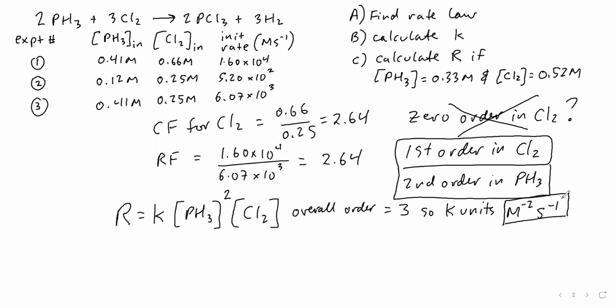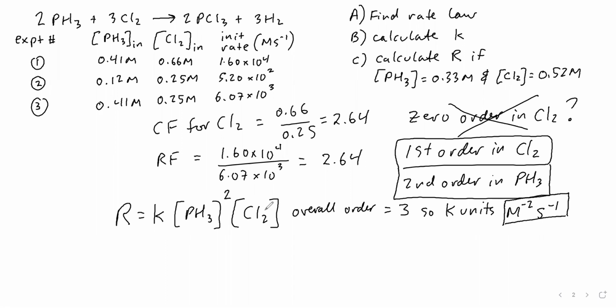So to find the value for K, we can choose any one of our 3 rows. Just choose one row, and I just decided for random reasons to choose row number 1. And we're going to plug in our value for the rate, 1.6 times 10 to the fourth moles per liter per second. The value for PH3, 0.41 molar and square it, and the value for Cl2, 0.66 molar, and we'll not square that.